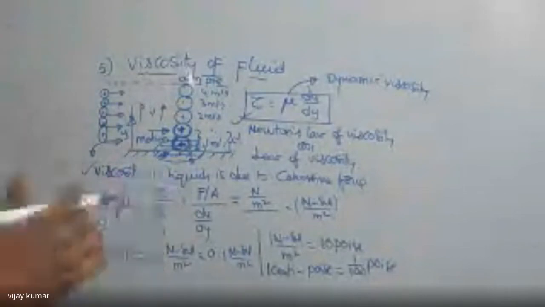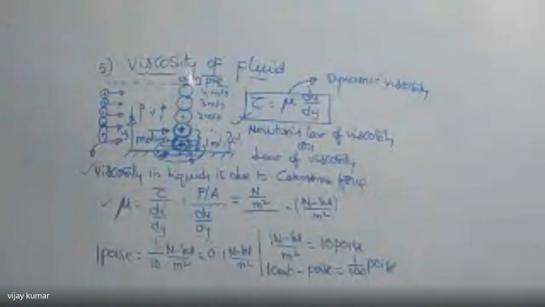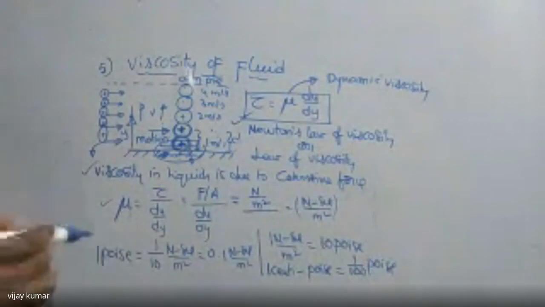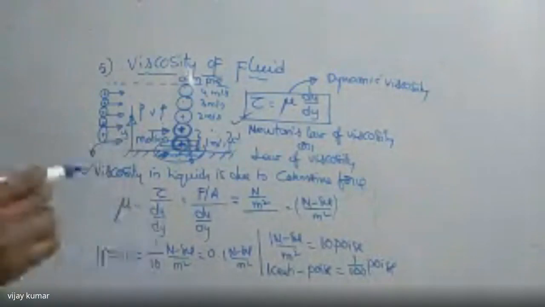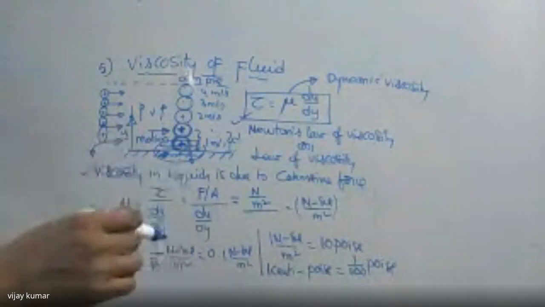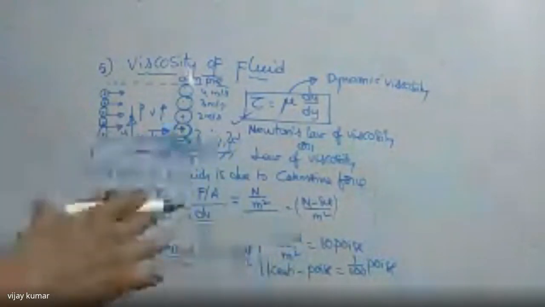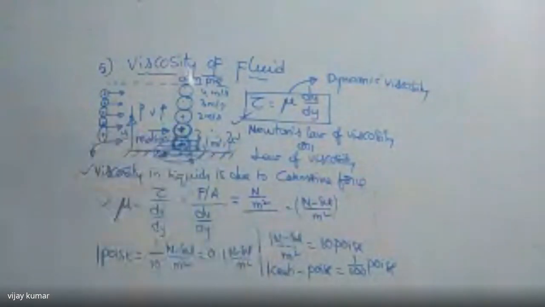When the particles collide, the velocity changes, which means a reduction in velocity. So there is a reduction in velocity in gases due to molecular collision, or momentum exchange between one particle and another.